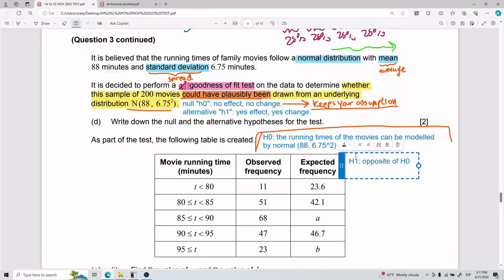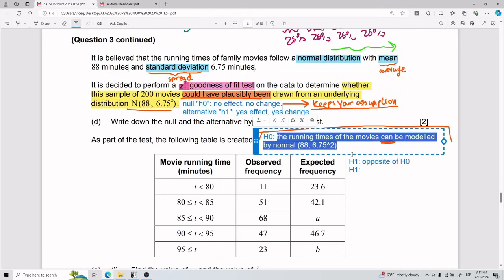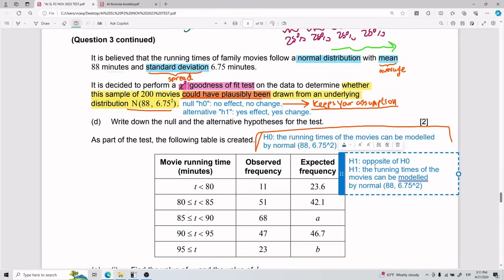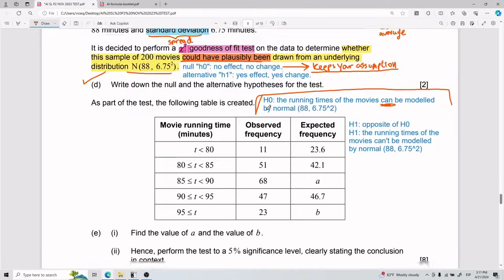So if H0 is that the running times of the movies can be modeled by the normal, H1 is the opposite: that the running times of the movies can't be modeled by the normal. Yes, that small difference is all you need to do. H1 is the opposite of H0. All right, so that is for part D.